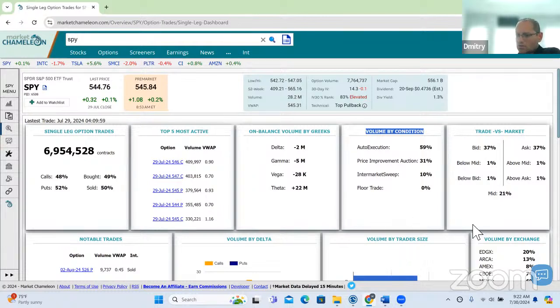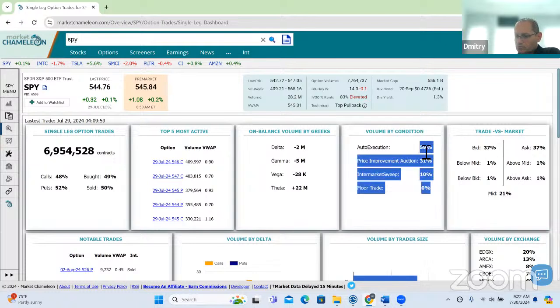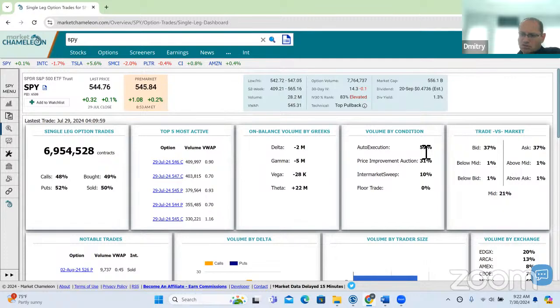So here in auto execution, most of them, 59%, hit the auto execution, which indicates that the trade was matched up electronically within the exchange's matching engine. So there's a buyer and a seller, and they matched up inside the exchange's matching engine. It could be different exchanges.